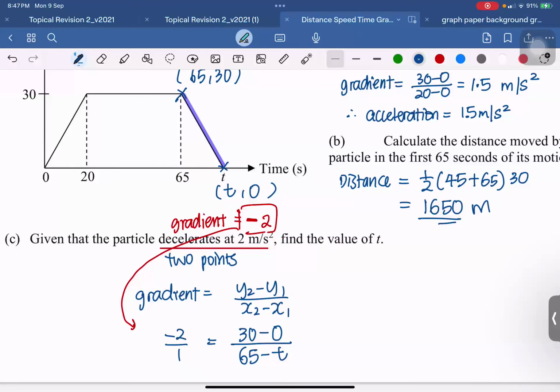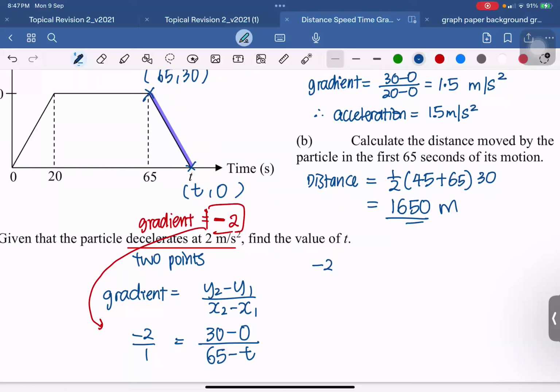Okay, let's simplify our equation a little bit. Negative 2 over 1 equals 30 minus 0, which is still 30, over 65 minus t. So we cross multiply. Negative 2 times 65 minus t equals 30. Expand out. What is this number? 130.